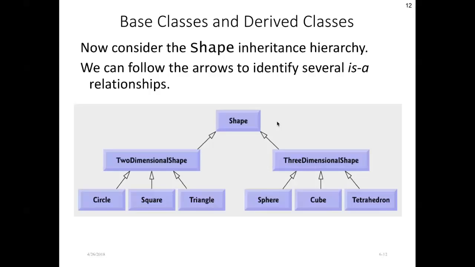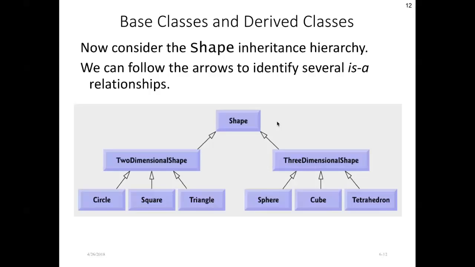For a circle, the area is calculated by pi r square, right? For a square, length times height. So the method name will be the same, but the calculation or definition will be different.